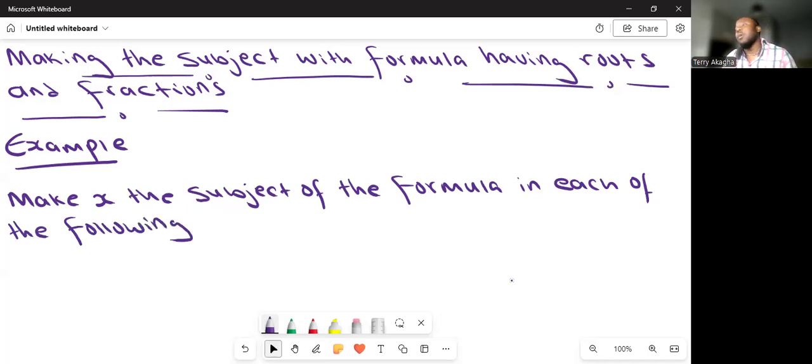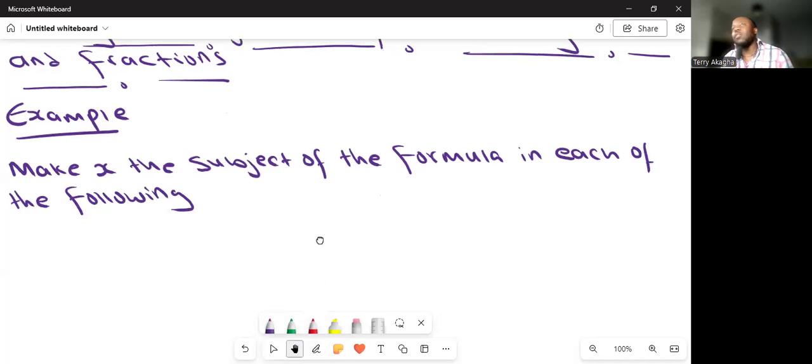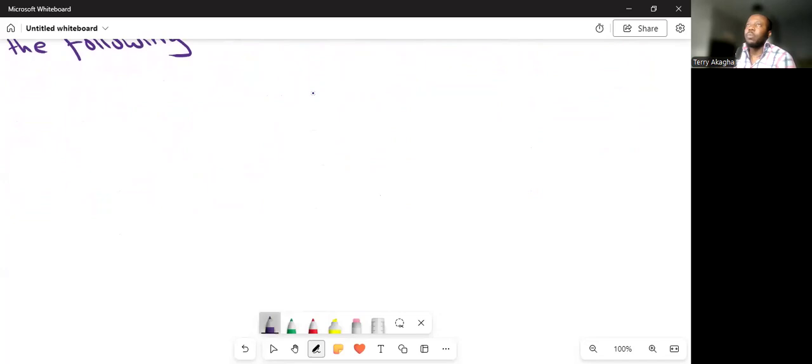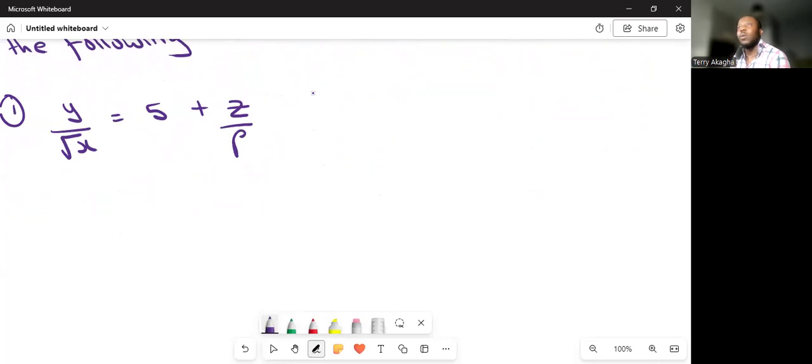So number 1: y divided by square root of x is equal to 5 plus z divided by p. We need to get rid of the square root, and also we need to get rid of the fractions as well.